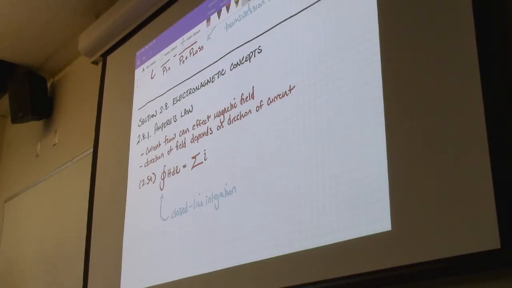It's a way of looking at the amount of a magnetic field or number of flux lines that pass through a given path. H is going to be our magnetic field intensity. L is the path that we're considering. And I is going to be the current, or the sum of all the currents.